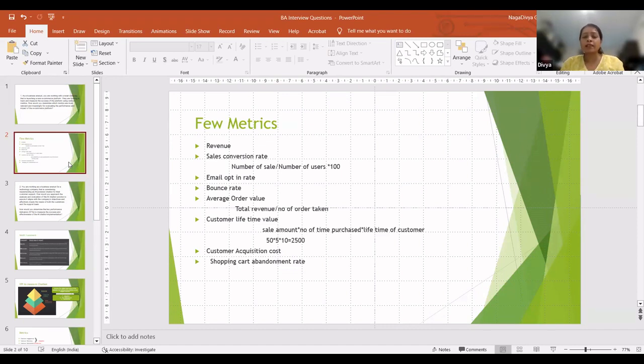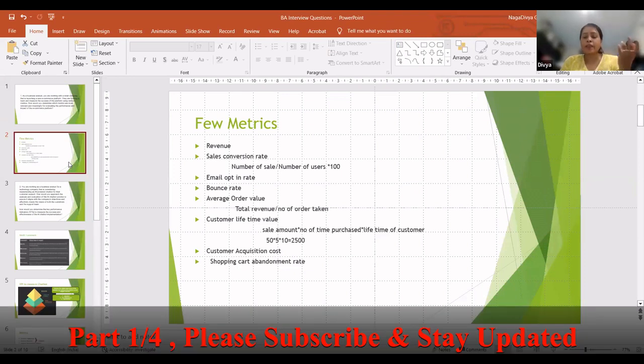So when you combine these metrics, like the cost that has been incurred in acquiring the customers, and the average order value that has been placed by these customers, when you compare these and see how it is going up, you have spent 10 rupees per customer, and the total average order value is some 10 rupees or 15 rupees.